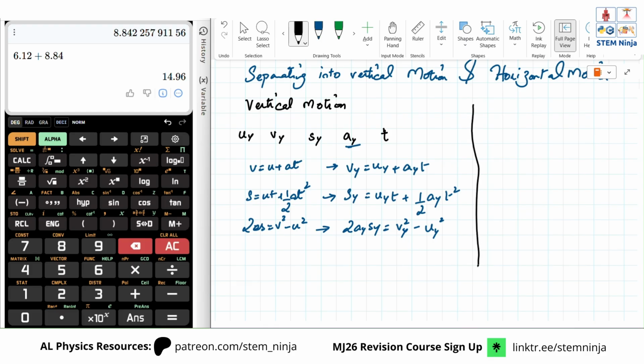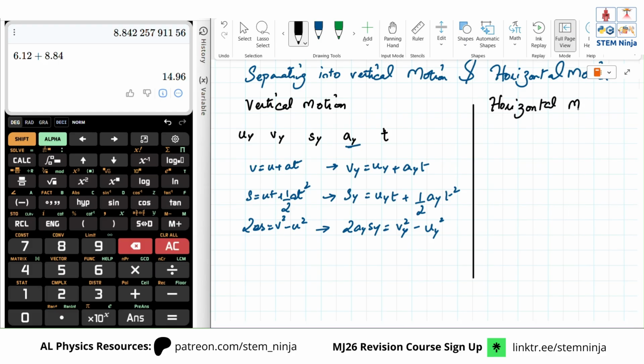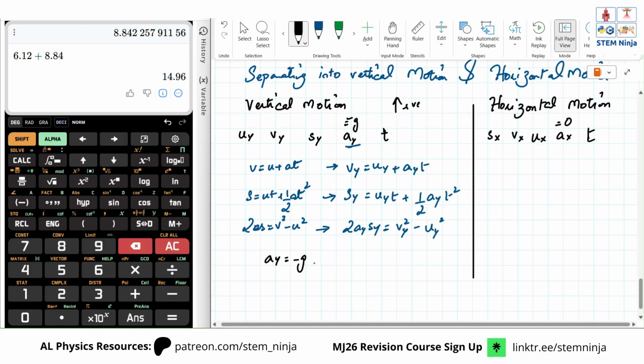But since horizontal motion does not have acceleration, let's show the things over here also: sx, vx, ux, acceleration x, t. So acceleration x is 0 and acceleration y is equal to negative g, because we are taking upwards as positive. So ay is minus g, ax is equal to 0.